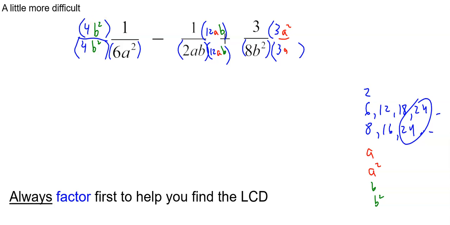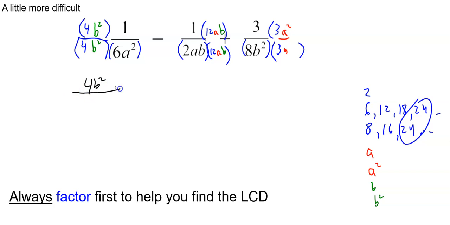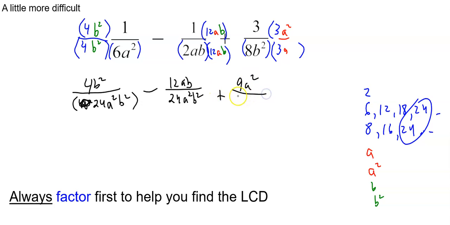I think now all of these will have the same denominator, right? So I'm going to have 4b squared over, sorry, 24a squared b squared, minus 12ab over 24a squared b squared, plus, I think there's a plus there, 9a squared over 24a squared b squared.